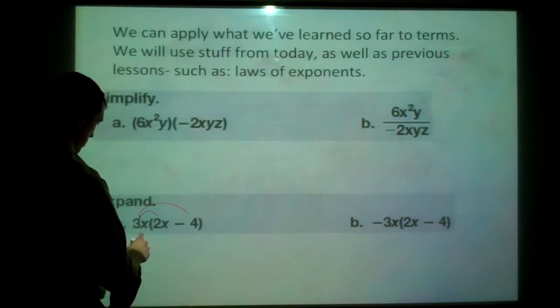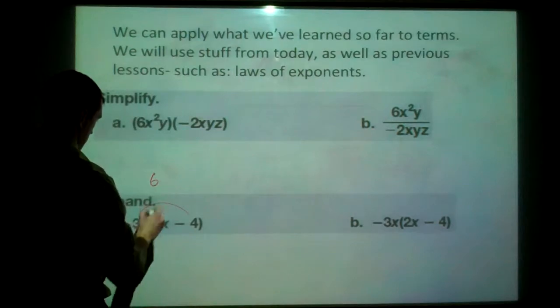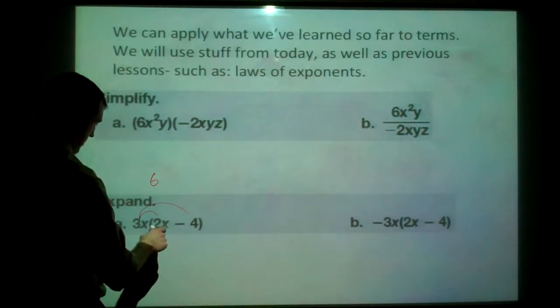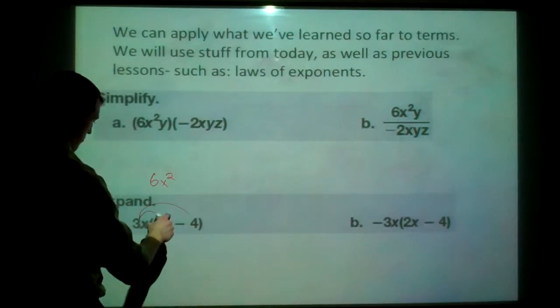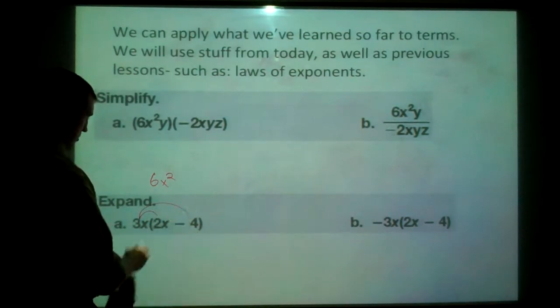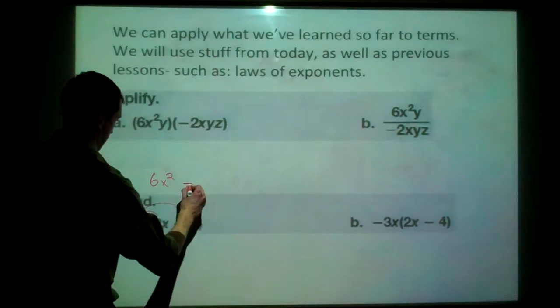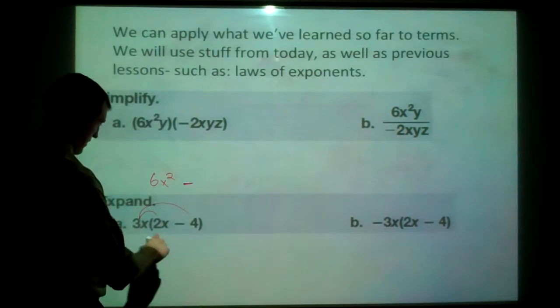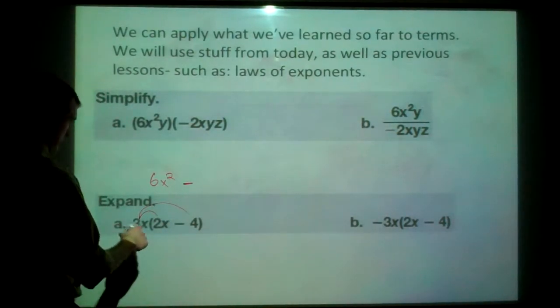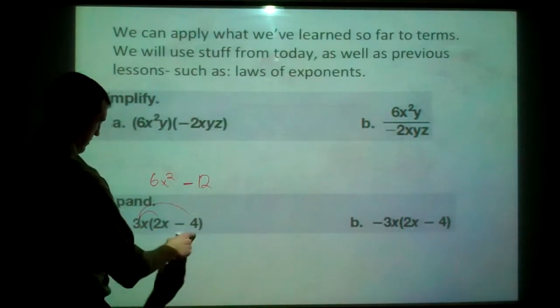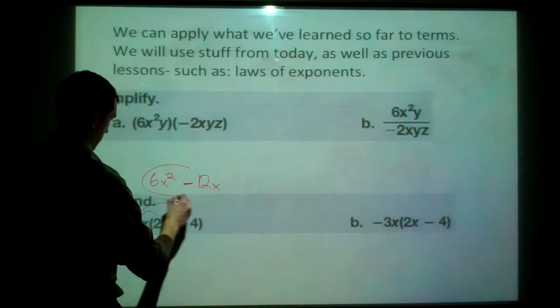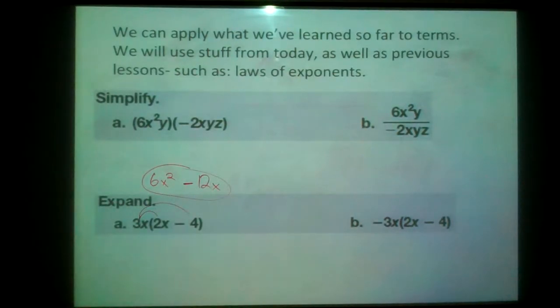So 3 times 2 is a 6, and x times x is an x to the second. X to the first, x to the first, we add our exponents together. Then we got a minus there. 3x times 4. Well, 3 times 4 is 12, and we also have an x there. So that would be the expanded version of letter A.